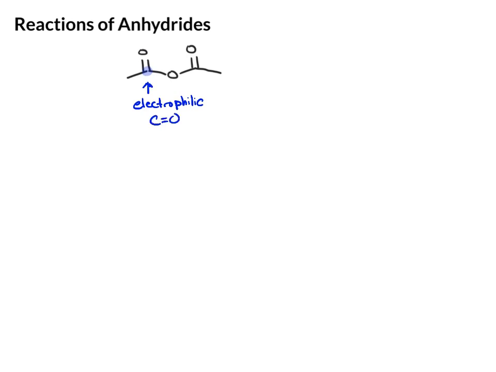So if we compare this, here's our electrophilic carbon in the acid chloride, our electrophilic carbon in the anhydride. And then in the acid chloride, Cl is the leaving group.